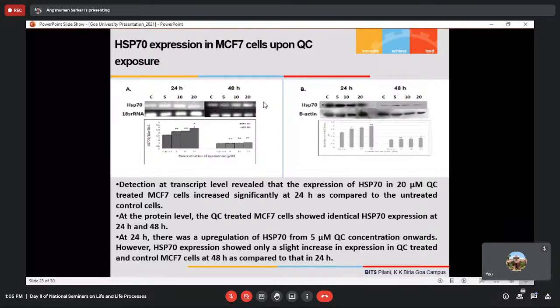But in cancer biology, a change in HSP70 expression means a lot, because cells are unable to cope with the stress produced by quinacrine, and that's how they enter into apoptosis. We have shown this at both the mRNA level and the protein level. So you can see how HSP70 is expressed at the mRNA level at 24 and 48 hours, as well as at the protein level at 24 and 48 hours.